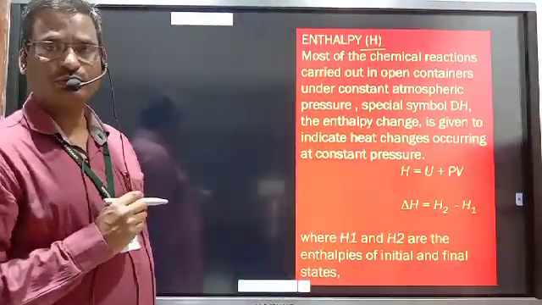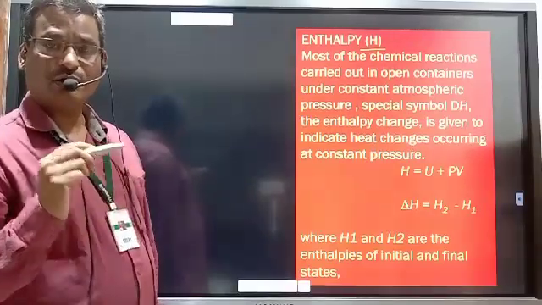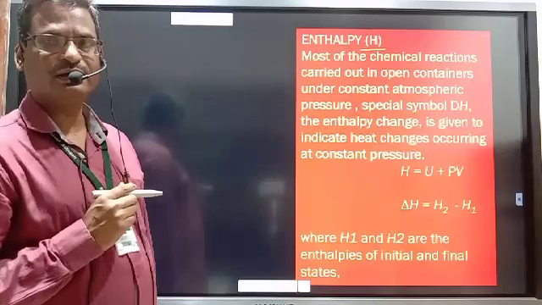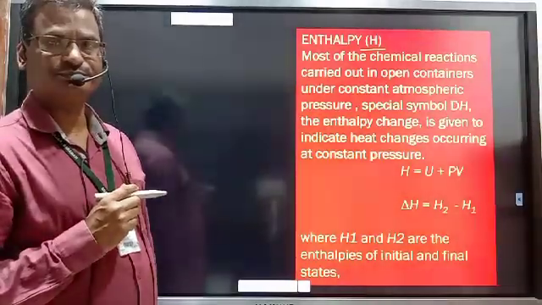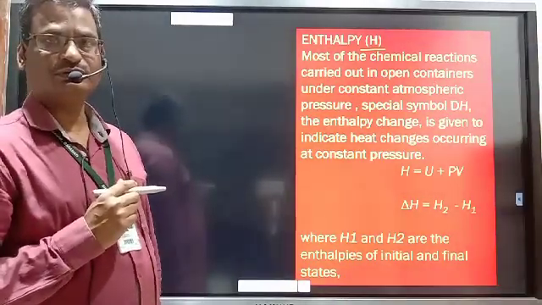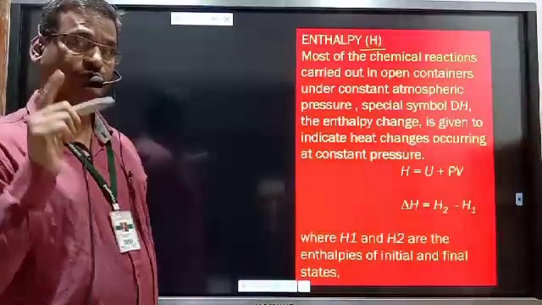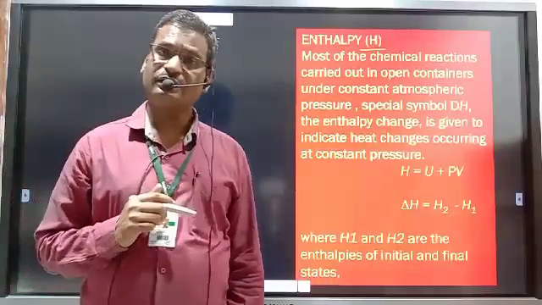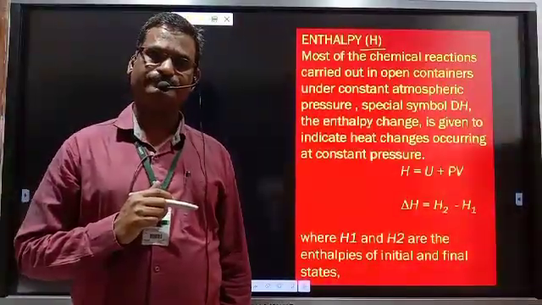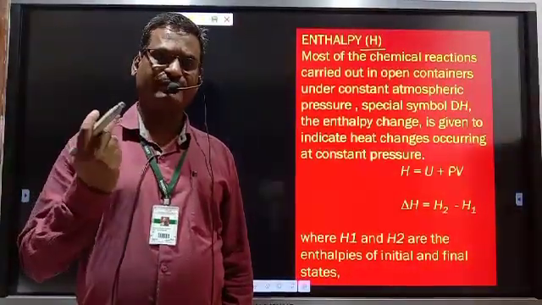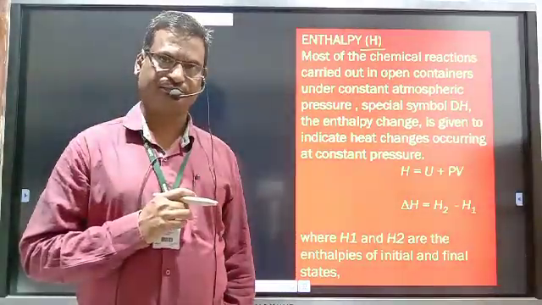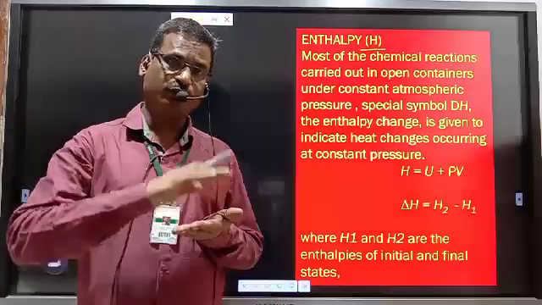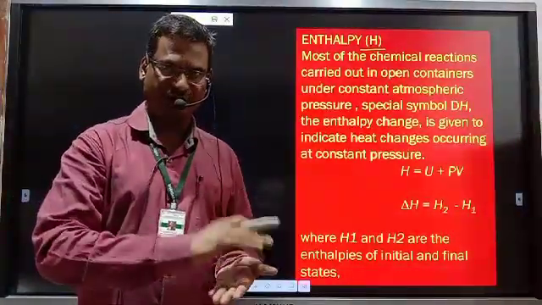We know almost all the chemical reactions in the laboratory are carried out with a change in volume but at constant pressure, because at any corner of the laboratory atmospheric pressure is the same, but during a chemical reaction either volume increases or volume decreases.